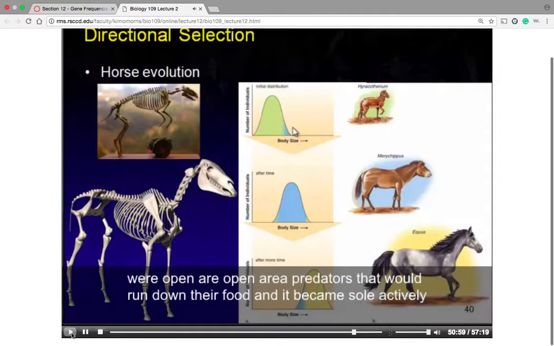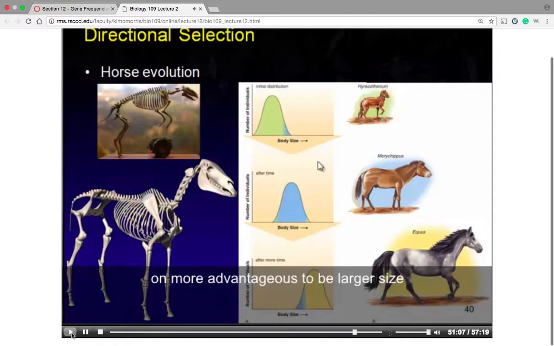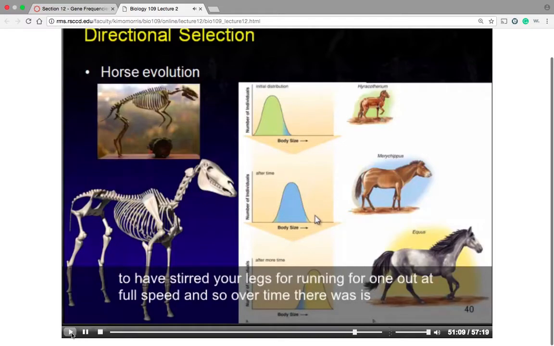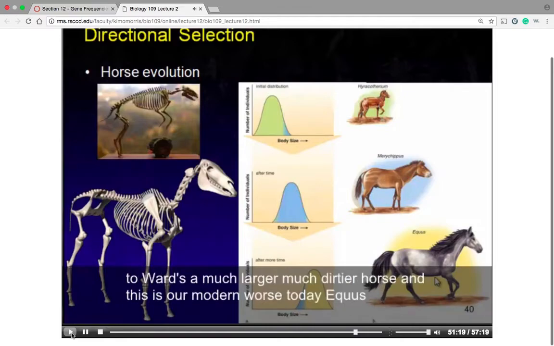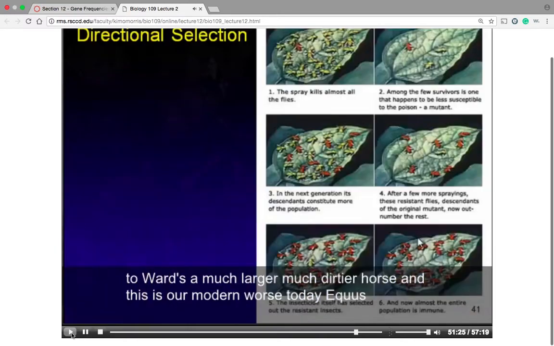Now there were open area predators that would run down their food, and it became selectively more advantageous to be larger, to have sturdier legs for running full out at full speed. And so over time there was this evolutionary trend that we see very clearly in the fossil record towards a much larger, much sturdier horse. And this is our modern horse today, Equus.